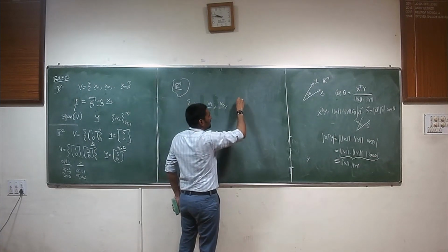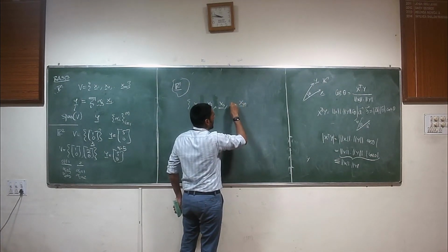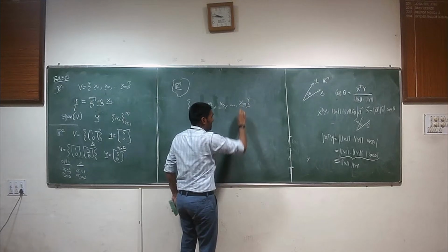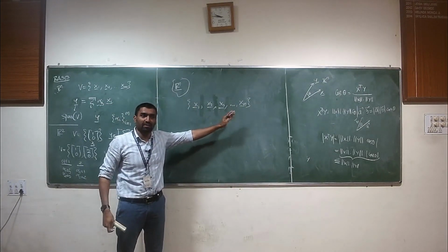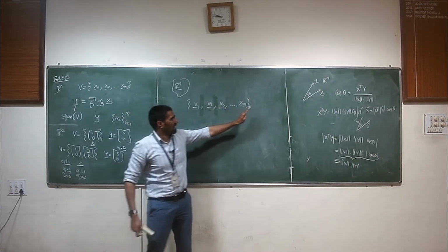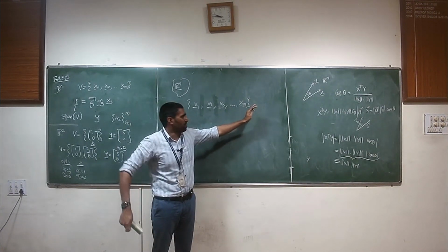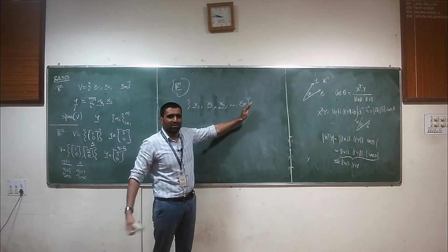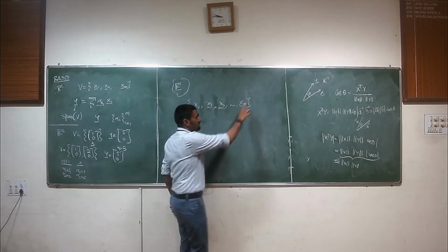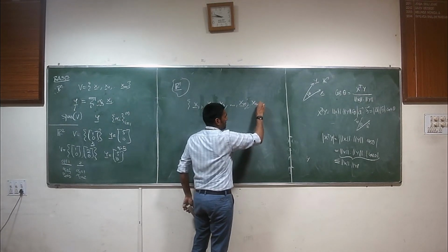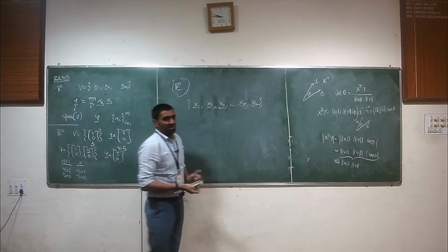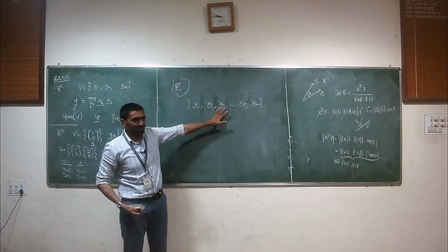But after you've chosen n vectors from Rn, and let's say this set was linearly independent, the property of linear independence stops there. The moment you sample another one, the n plus 1th vector, this for sure is linearly dependent.